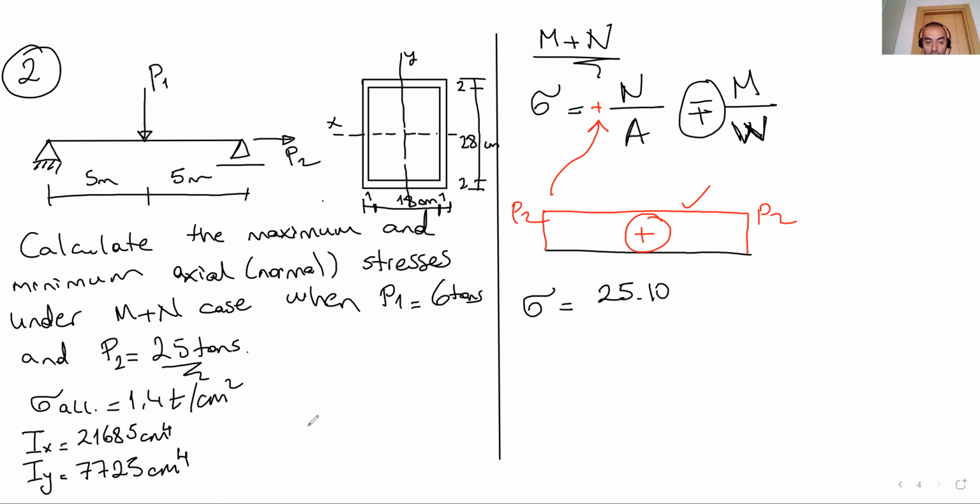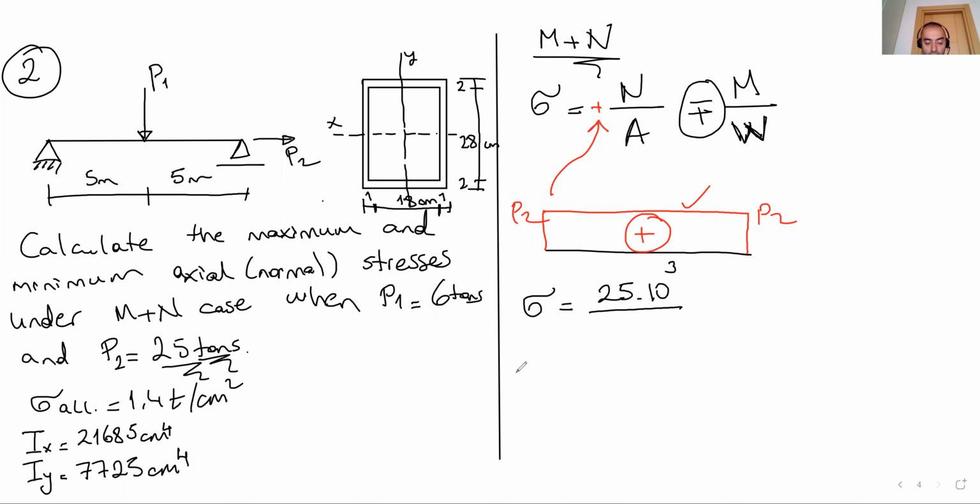Converted to kilogram, that's better. This is ton, I'm sorry. This is force, and over A, area. You can calculate the area of this box section.